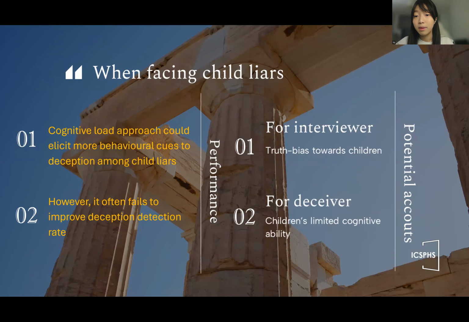In particular, people tend to regard children as more naive and are prone to believe them as truth tellers even if they lied. On the other hand, the failure of the cognitive load approach could be due to children's limited cognitive ability. For example, compared to true reports, children tend to remember their false reports for a longer period. This allows children to provide deceptive statements more consistently in the interview than truthful statements.